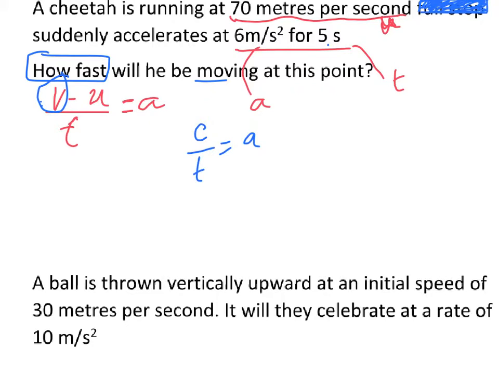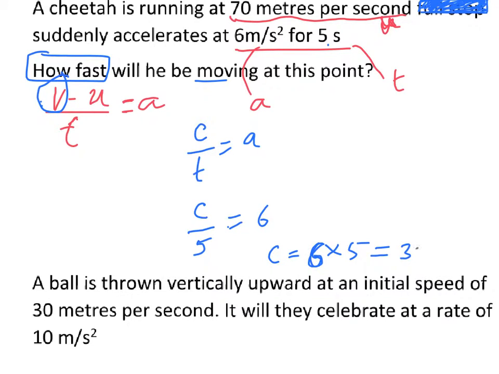The change in speed is something that we don't know because we don't know the final speed. So we can't put the change in speed yet, divided by the time taken, 5 seconds. But we have the acceleration, which is 6 meters per second square. So the change in speed is going to be C equals 6 times 5.